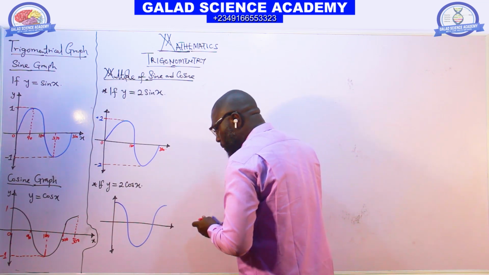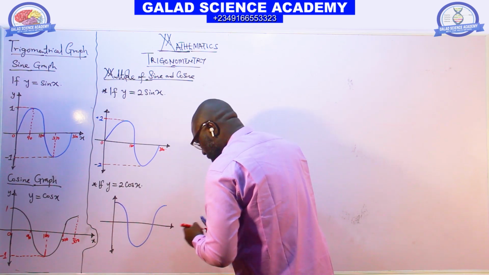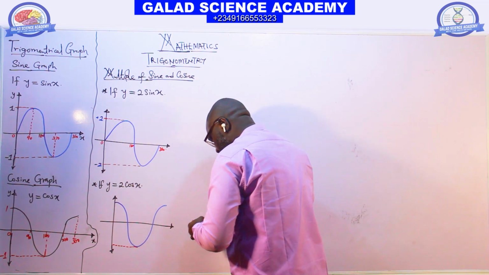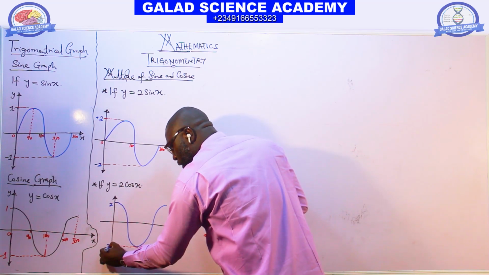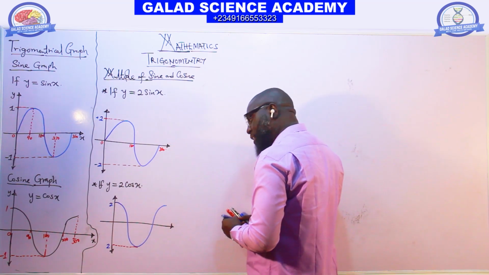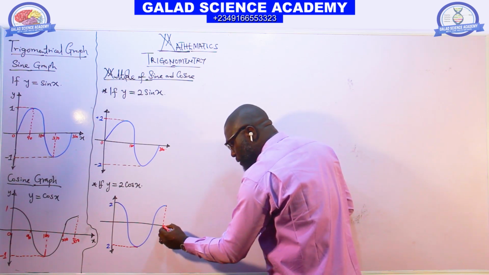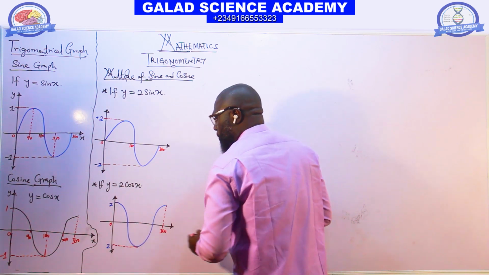So the maximum value here, this point here, we have 2. Here we have 2. So that's how we use it to determine this place is still 360. Here we have 0.